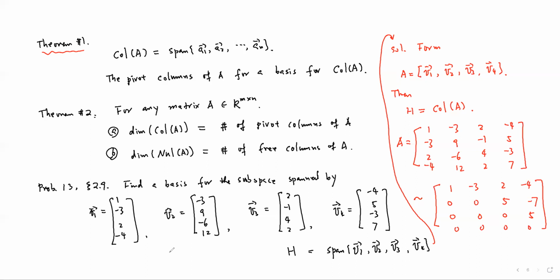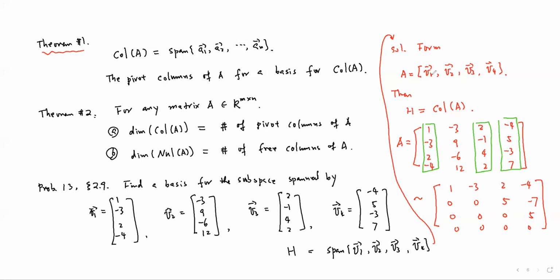Now I can tell the first column is a pivot column because in the echelon form, the first column contains a pivot. The second column is a free column. The third column contains a pivot, so it is a pivot column. The fourth column also contains a pivot, so it is a pivot column.